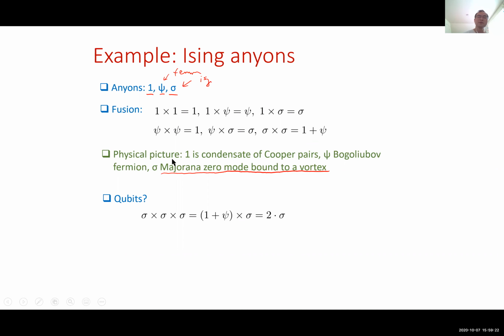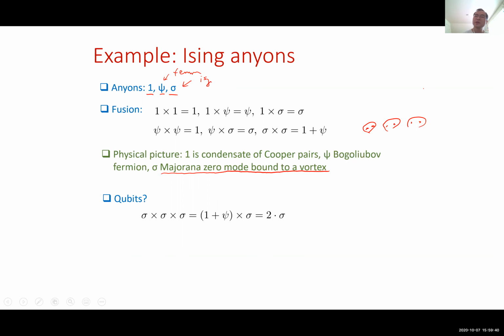So a useful physical interpretation is that if you imagine a condensate of Cooper pairs, they are Cooper pairs of electrons. One is the condensate, the superconducting state. Psi is the Bogoliubov fermion.